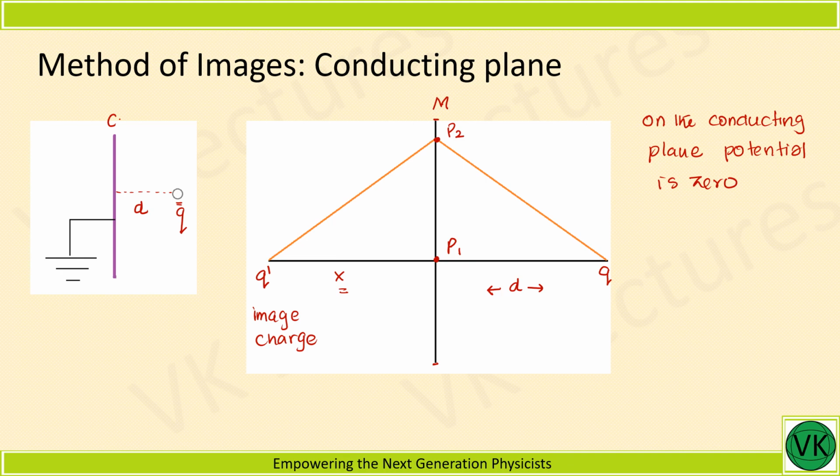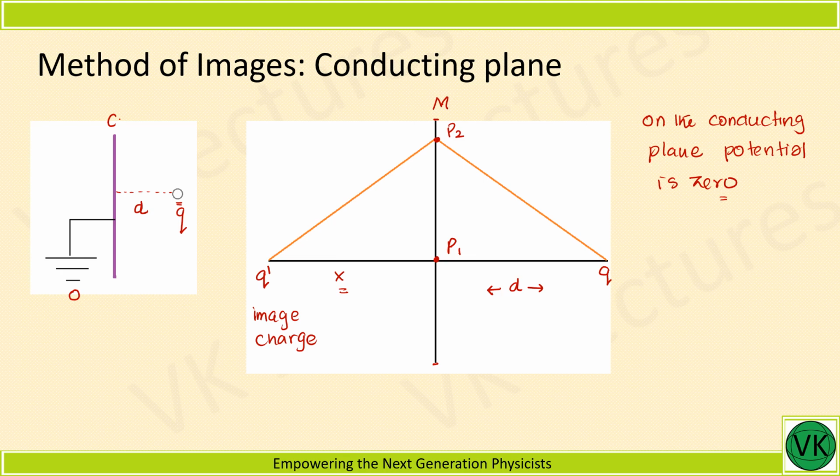Now because this is being grounded, so it is 0 potential. That means at P1 and P2, any point on the imaginary extended line, the potential is 0.